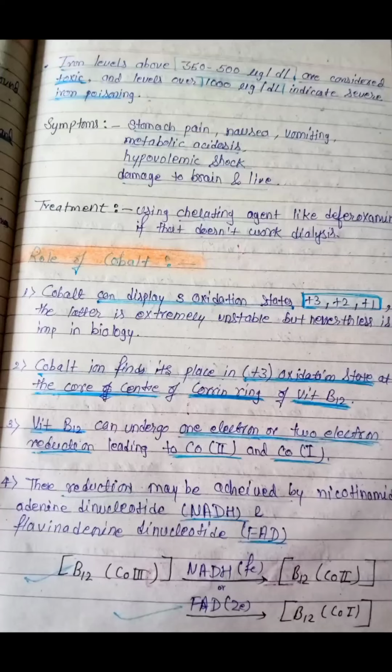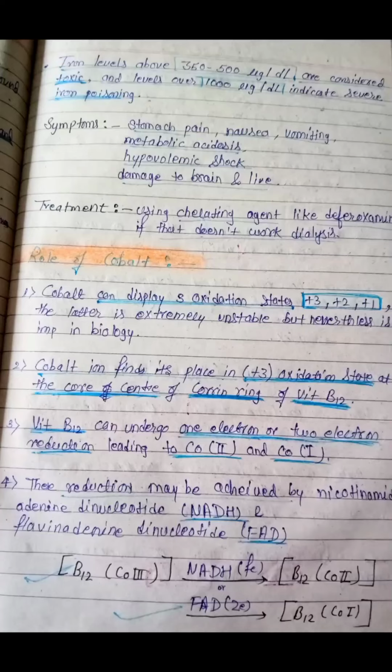Symptoms: stomach pain, nausea, vomiting, metabolic acidosis, hypovolemic shock, damage to brain and fever. Treatment: using a chelating agent like deferoxamine. If that doesn't work, dialysis.